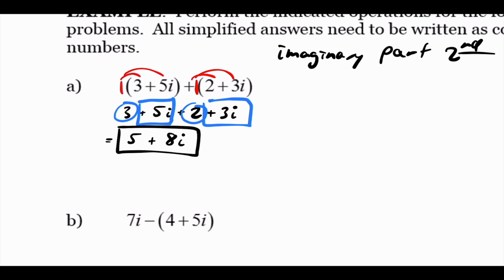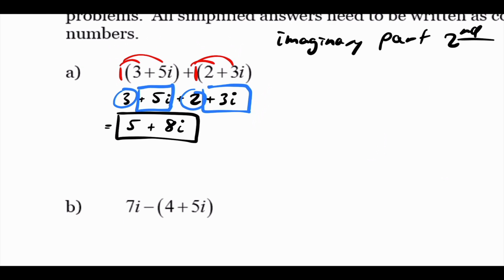That's just the way it is. Because it's imaginary, it doesn't go first. So if I were to put 8i plus 5 into Delta Math, it would say you're wrong. Like, why am I wrong? I did it right. Because the imaginary part has to come second to the real. Because it's imaginary. It's not real. Okay?